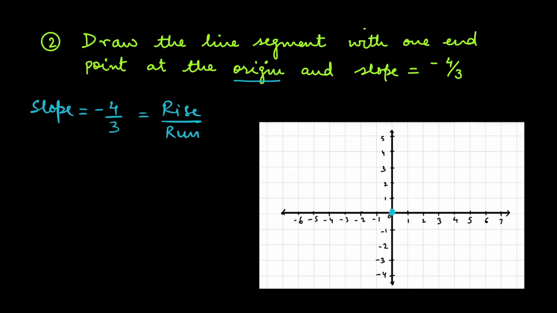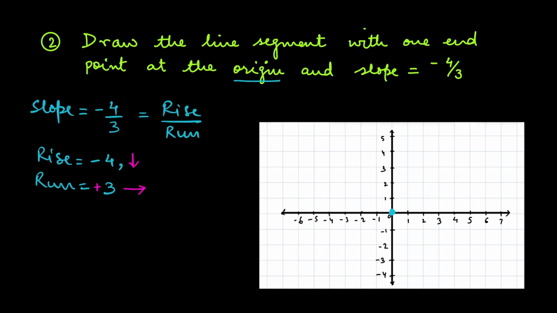So from here we take the rise as -4 and the run as 3. Since the rise is -4, that means we'll count 4 units downward and the run is positive, so from where we ended, we'll count 3 units towards right.